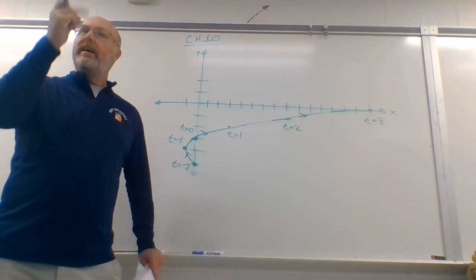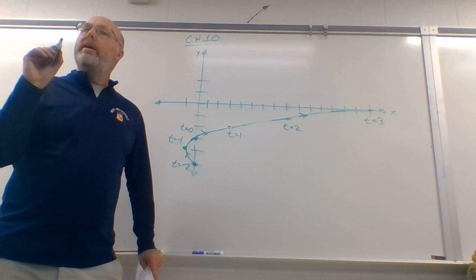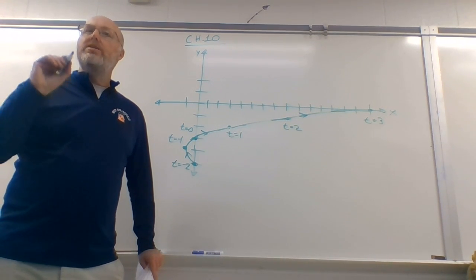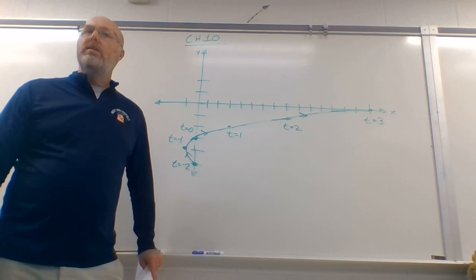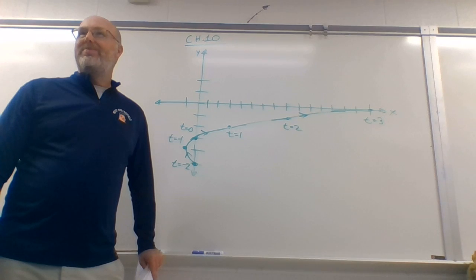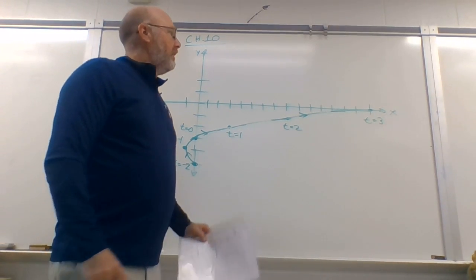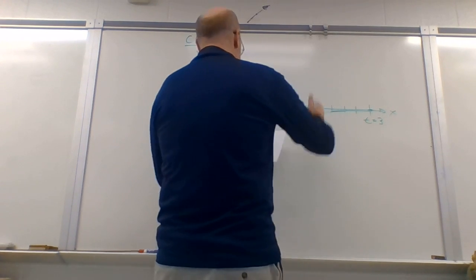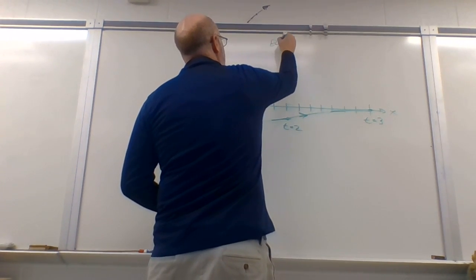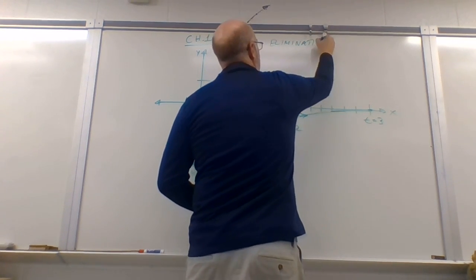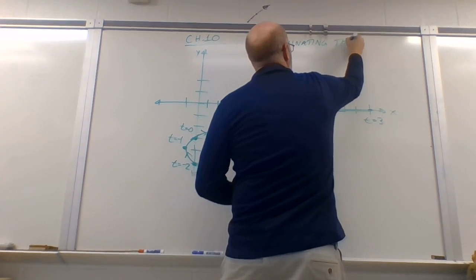Aiden, it's a sideways parabola. Could you write the equation of that sideways parabola? Maybe. If my life was endangered, possibly. All right, well, it just so happens that we have something called eliminating the parameter.